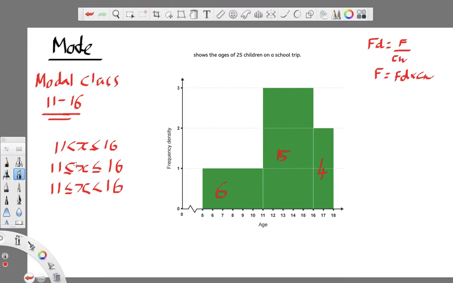So the less than or equal to, or just less than, or greater than or equal to, greater than. Make sure that you pick the right one. So to recap, the modal class, we just picked the class with the highest frequency. So this was the class that ran from 11 to 16, and it could look like one of these values, but obviously pick the right one from the table that you get if you're given it in the exam.